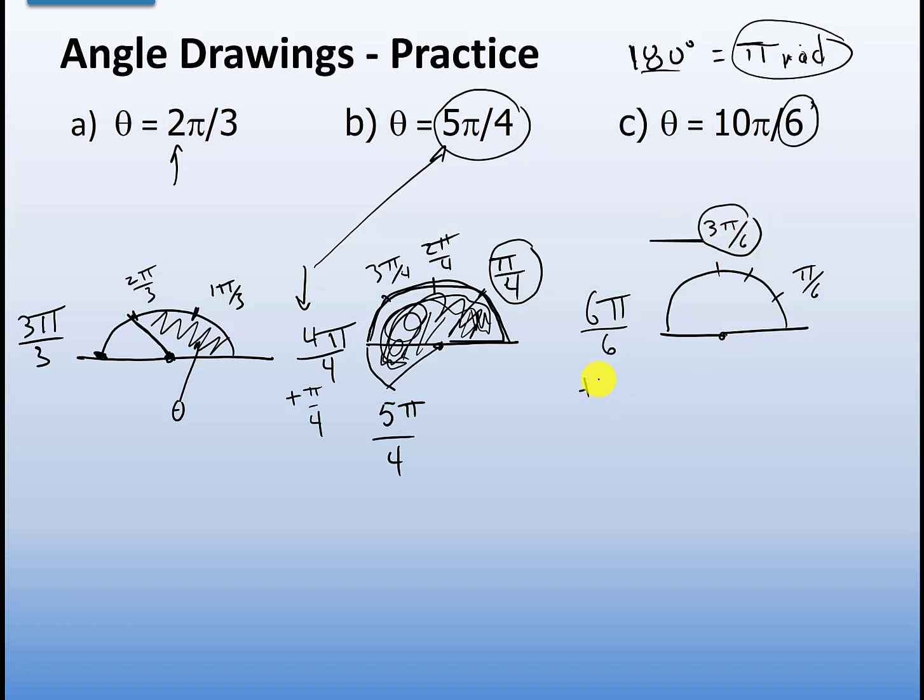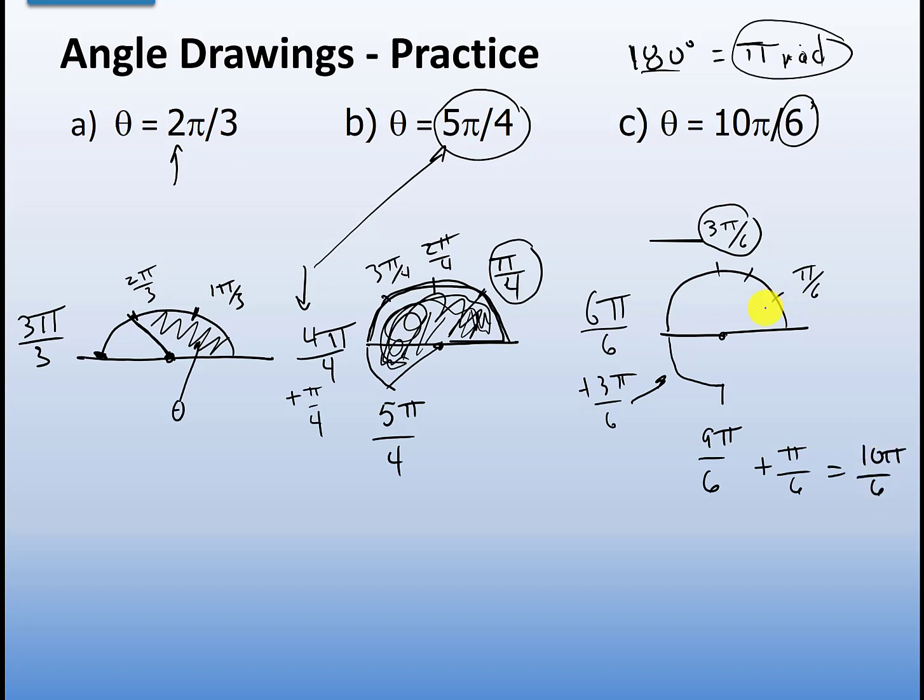So if I add 3 pi over 6, it's a 90-degree turn. So right there takes me to 9 pi over 6. So if I add that, I'm almost there. Still, 9 pi sixths is too small. I need to go a little bit more. I need to add 1 more pi sixth, and then I'll have 10 pi over 6.